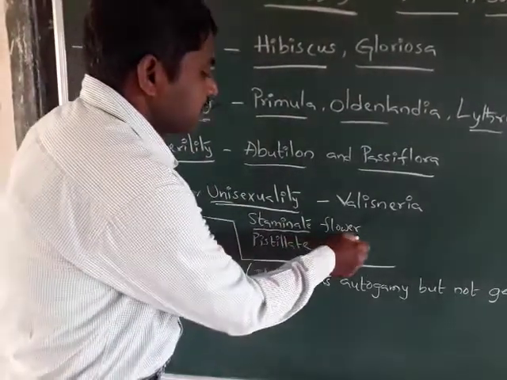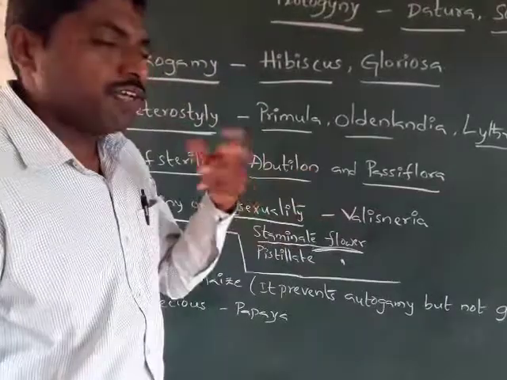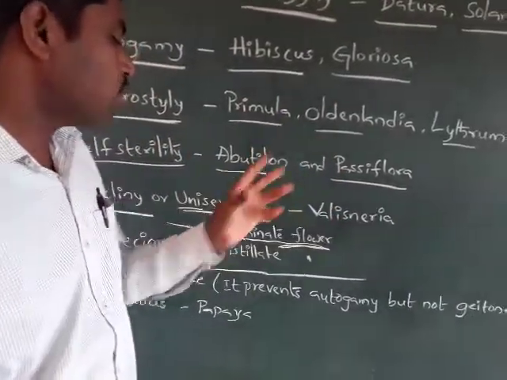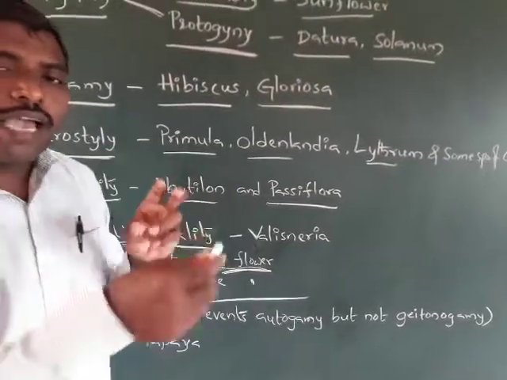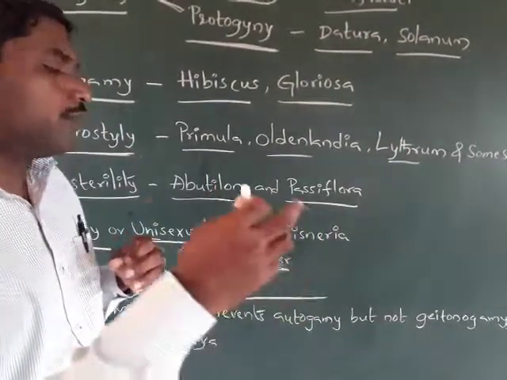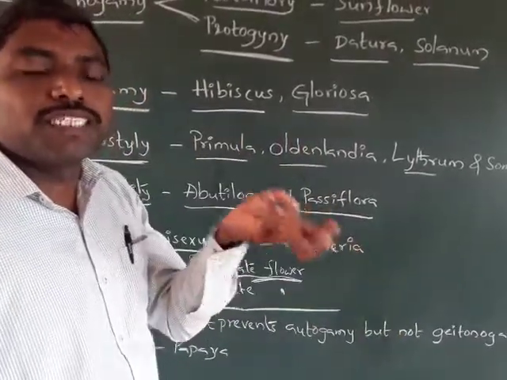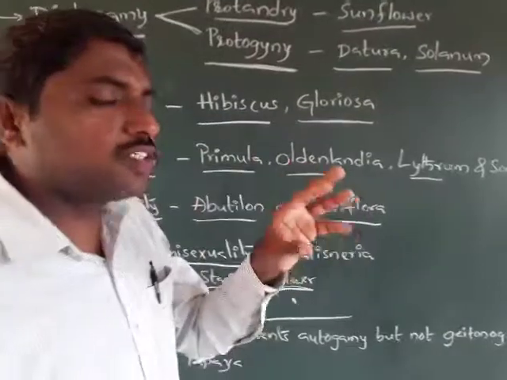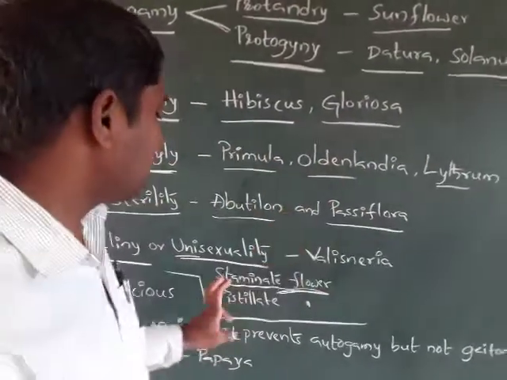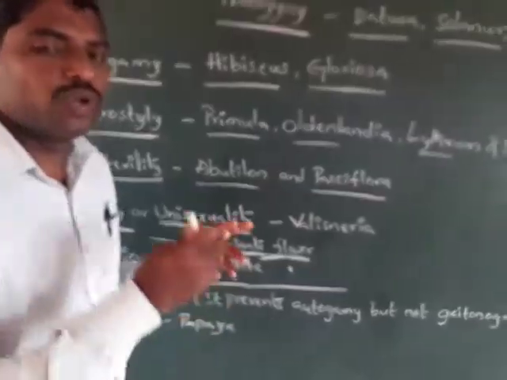That is called the male plant. The male plant has only staminate flowers, which means the flower contains only the androecium, not the gynoecium.